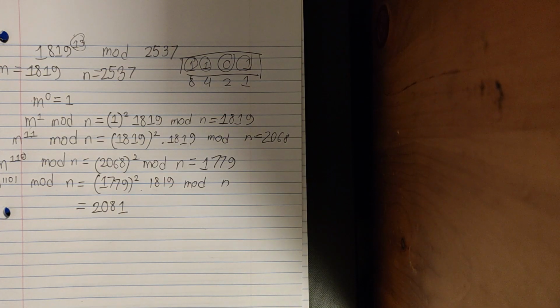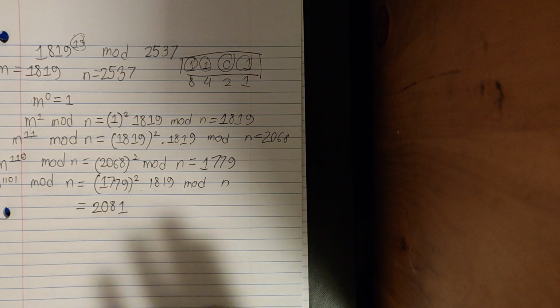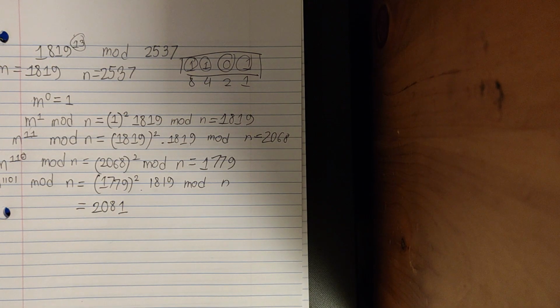It's like the motivating example that I showed at the very beginning of the video, where if you take square and square and square, you do it in a more efficient way. We're essentially doing the same thing here. So that's why fast exponentiation is important for computers. And that's all for this video. Thank you.